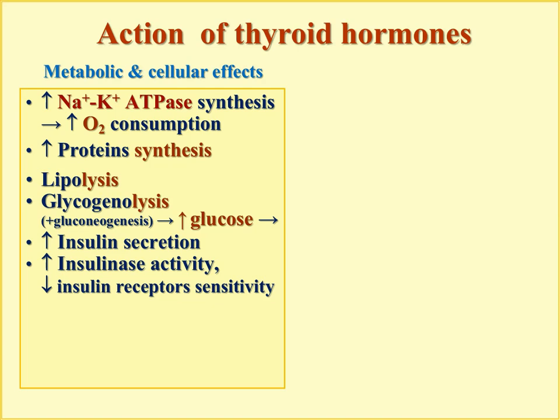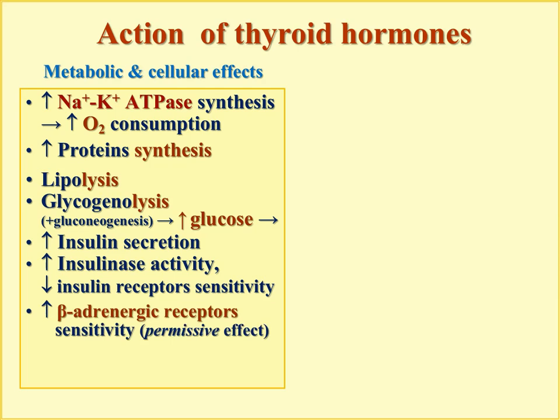So by thyroid hormones action, we have a certain decrease of lifespan of the insulin molecule, so it decreases the effect. Also, insulin receptor sensitivity is decreased somehow by thyroid hormones action. All this and maybe some other points are responsible for the inability of insulin to decrease glucose back to the previous level quickly.